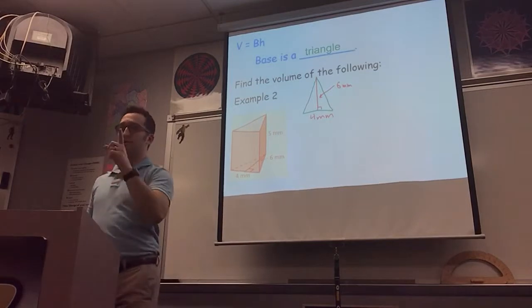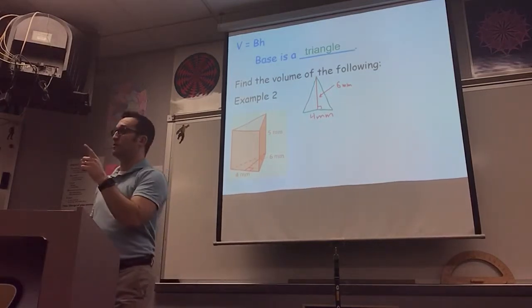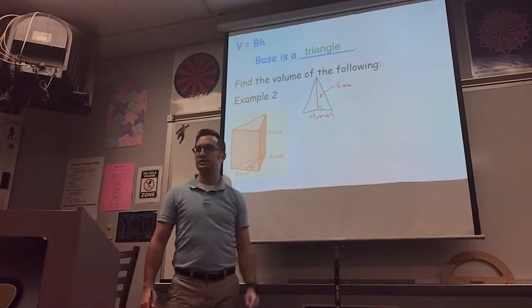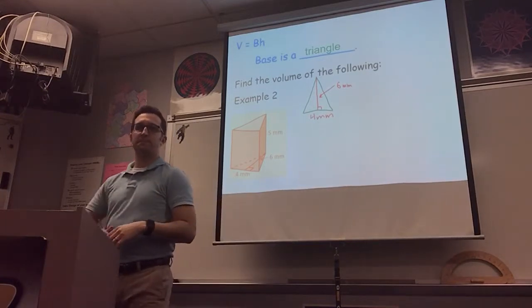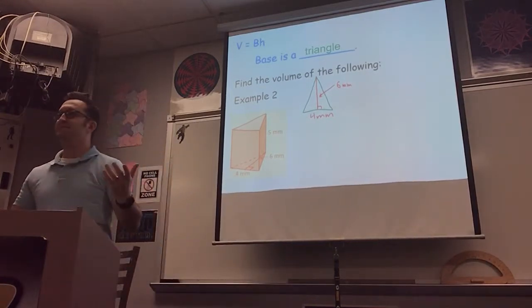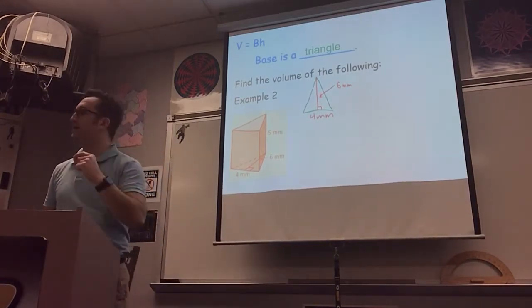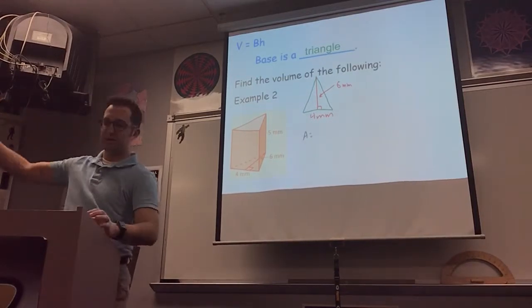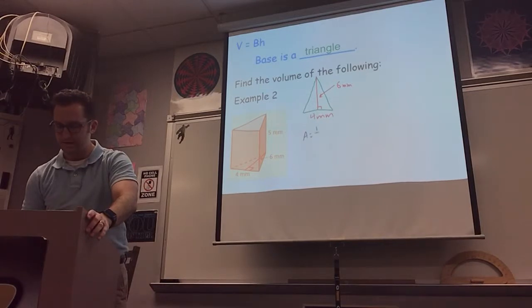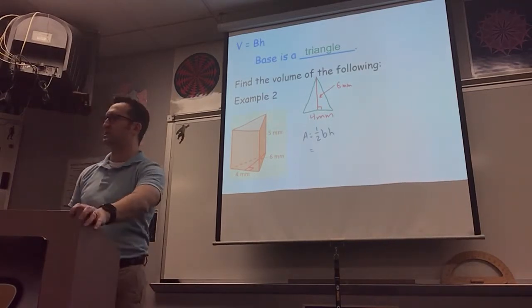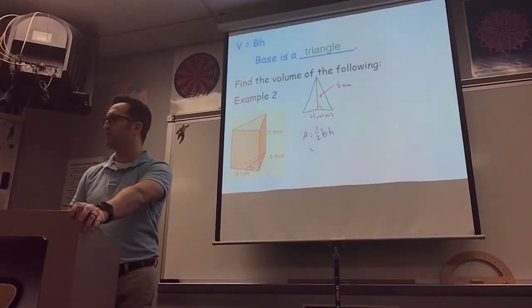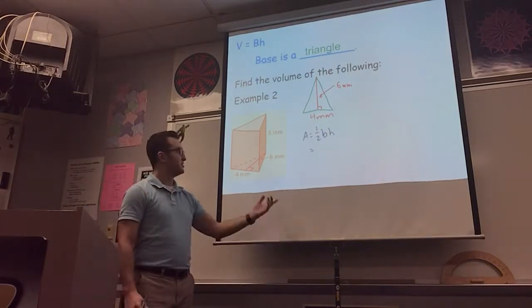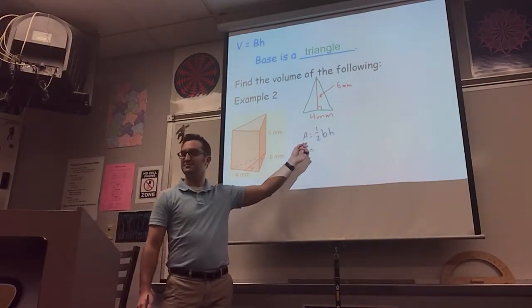Now, your tendency, what you wanna do right now, several of you wanna multiply 4 times 6. And that's super relevant. Why? Because that's not how you find the area of a triangle. This is why we write down the formulas. So, go over there. What is the area formula for a triangle? 1/2 base times height. Do you see now why length times width times height's not gonna work? Why? Because there's a half in here.